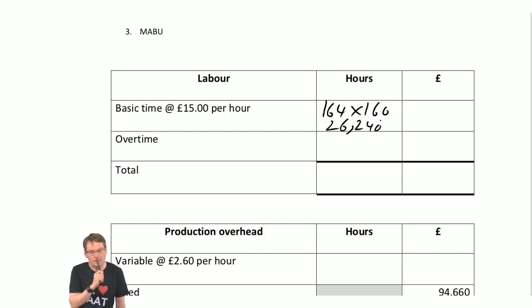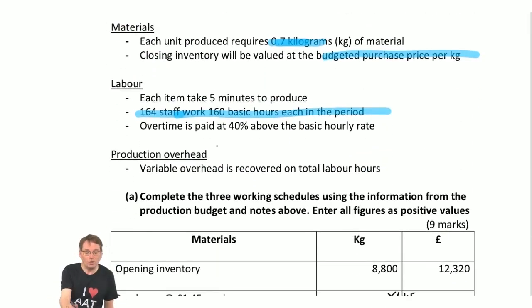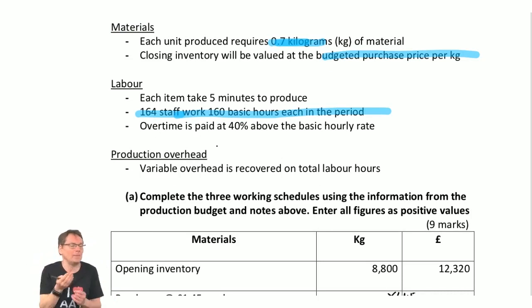Now the trouble is, I need the overtime figure, and I wasn't told that. I wasn't told what the overtime figure was. I'm told how much they get paid, 40% extra, but I'm not told how many hours it is. So I will need that, and I'm also not told the total. It doesn't tell me the total hours either.